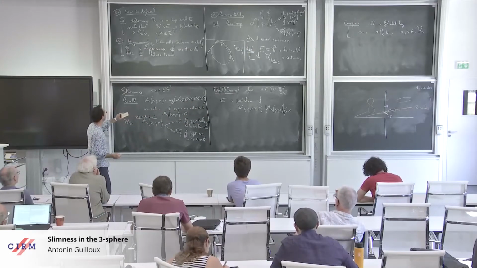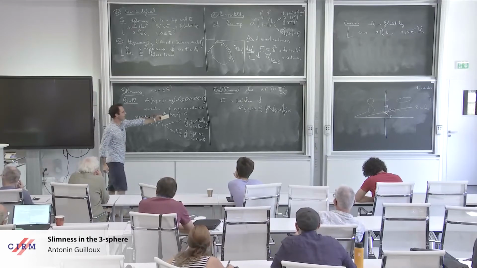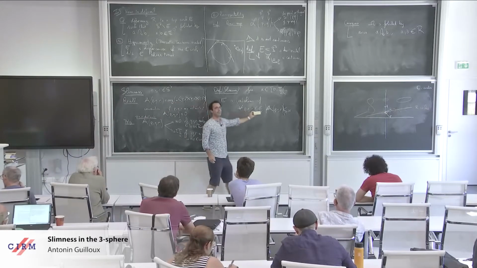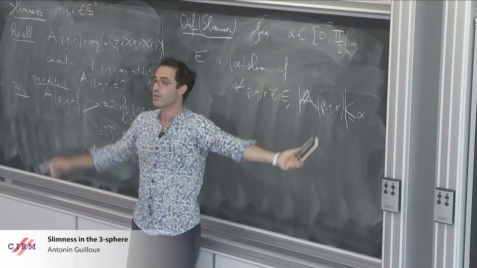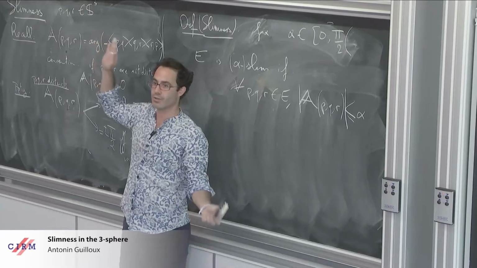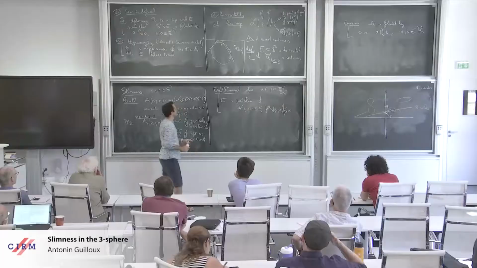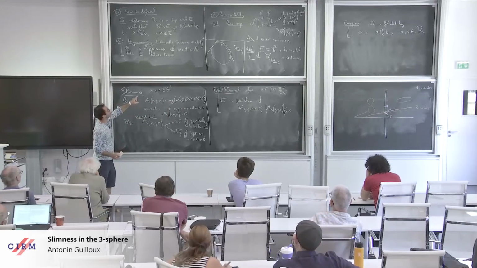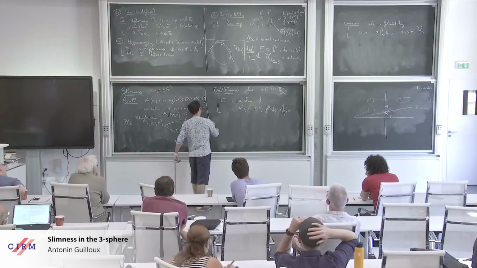Well, it is clearly a quantitative version of hyperconvexity. If this happens, no triple of points has Cartan invariant pi over 2, so no triple of points are on the same C-circle. It is not so clear that it is also a quantitative version of horizontality, but indeed it implies it.